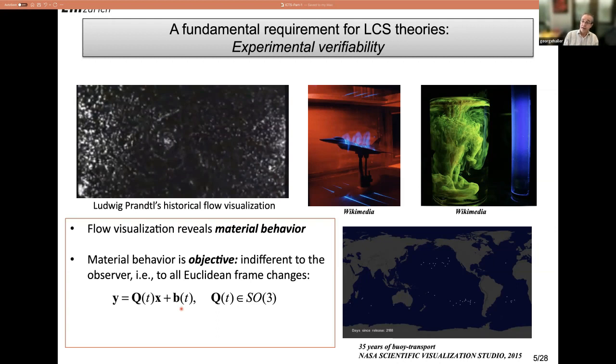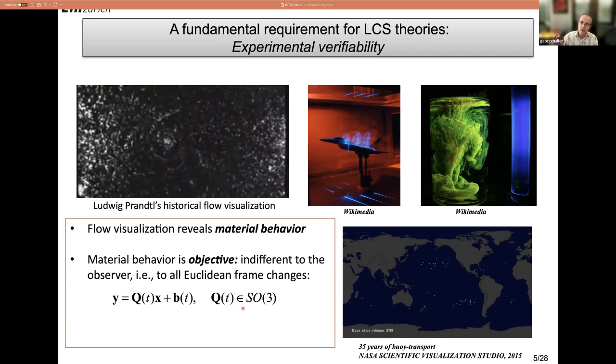So if you would like to have conclusions about material mixing, and you accept that material mixing should be experimentally verifiable and hence independent of the observer, then your conclusions should be independent of whether you're in the X coordinate system or the Y coordinate system, and with respect to all choices of this rotation and all choices of translation.